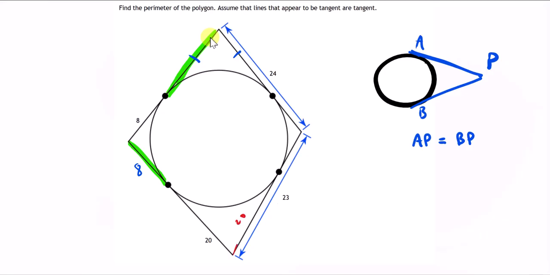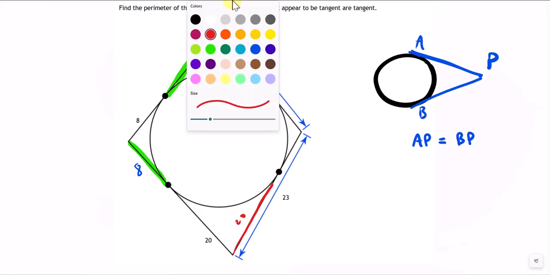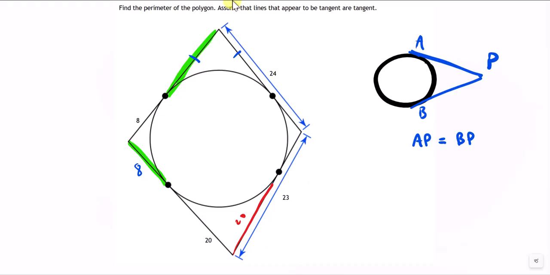That will be this amount, because 20 and 20 left and right are coming from the same point, so they must have the same value. And we know that this entire line, the blue one, has the value of 23. If this is 20, then the remaining must be 3 right here. This line must be 3, and therefore this line must be 3 as well, because they are coming from the same point here.